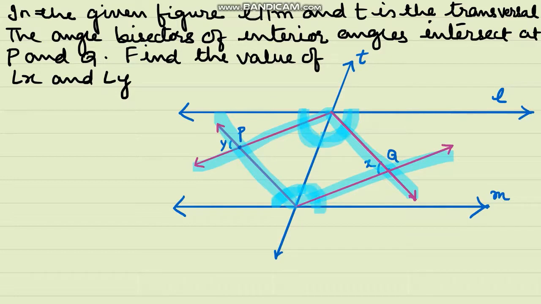That means this line is dividing the interior angle into two equal angles. So the angle bisectors of interior angles are meeting at P and Q. See, at point P and at point Q.